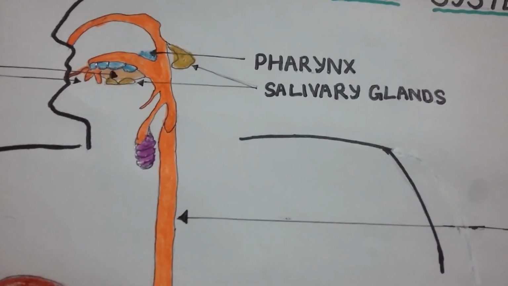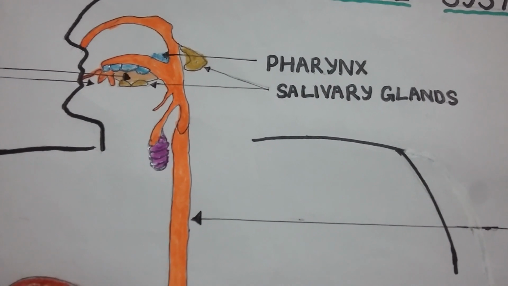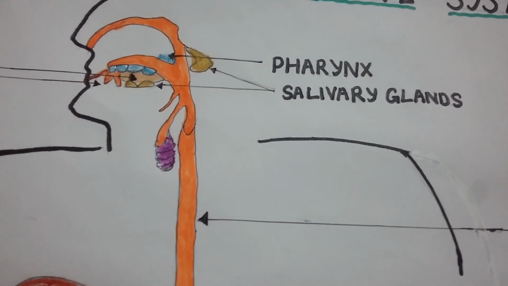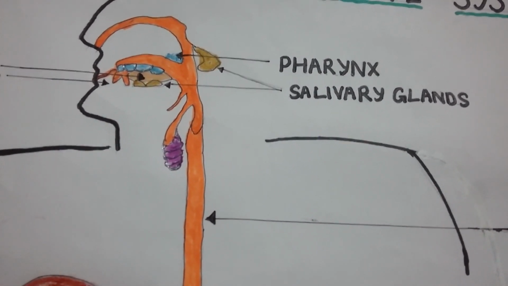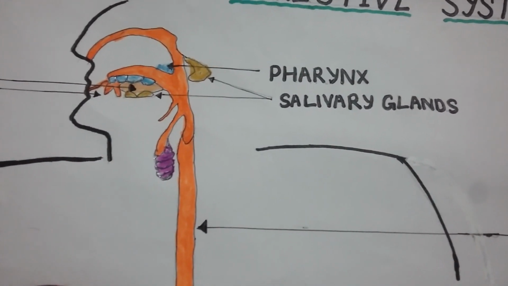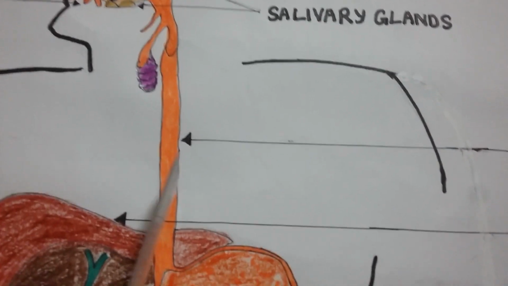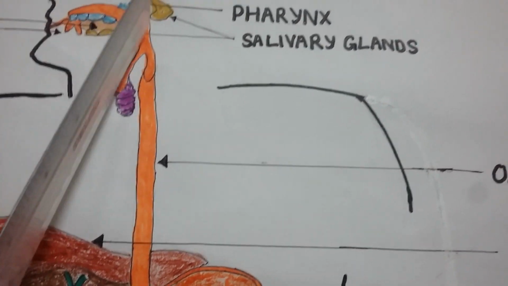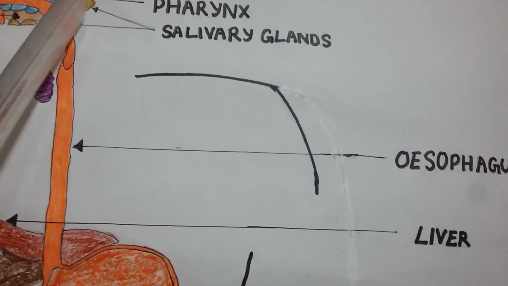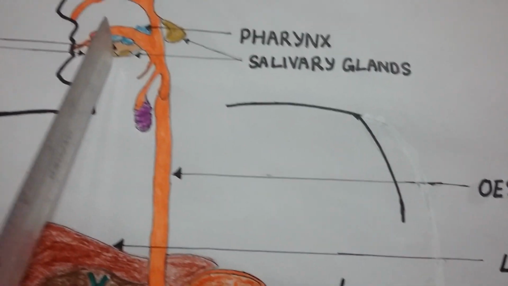That is why after chewing bread, we get a sweet taste. Saliva also makes the food wet and slimy so that it can pass easily through the esophagus or the food pipe. So that is why these 3 organs are very, very important for us.